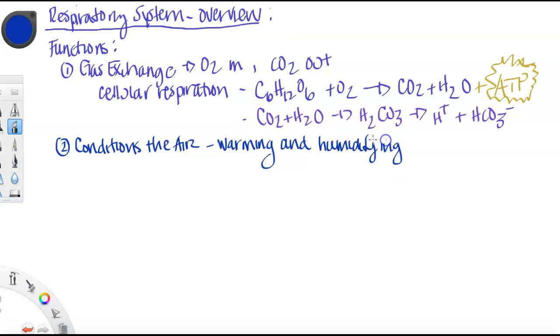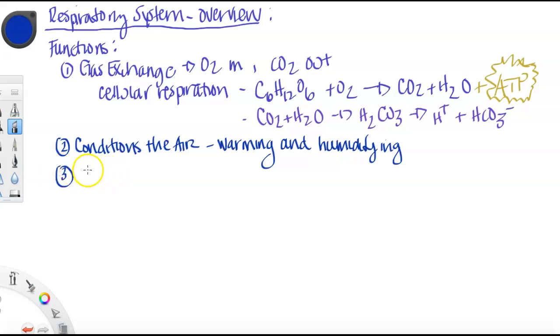So it makes it kind of moist. Okay, so it treats it so that by the time it gets down to your alveoli, it's nice and warm and moist, so that the gas exchange can occur easily.